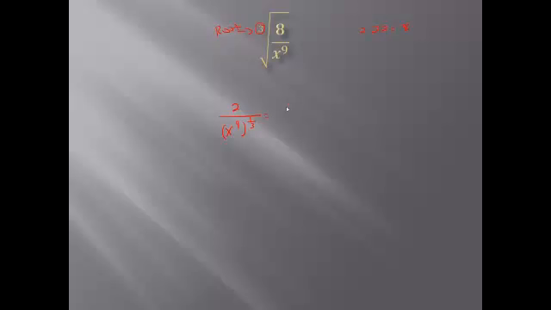And why that's helpful is because now we can use our power to a power rule and multiply 9 times 1/3, which gives us 9/3. And then we could simplify that. 9 divided by 3 is simply 3. And that will give us 2 over x to the third power. So the root can be written as a fractional exponent like that.